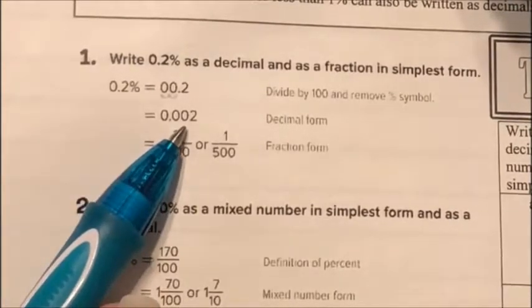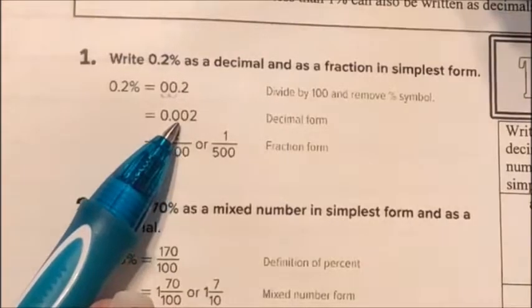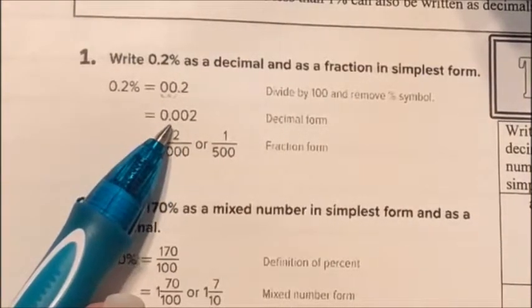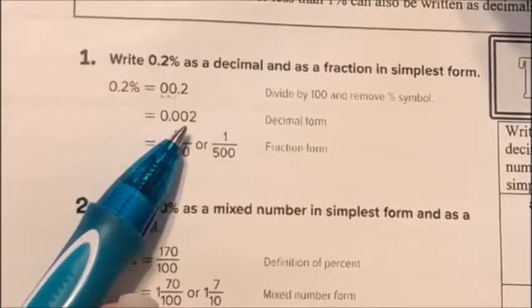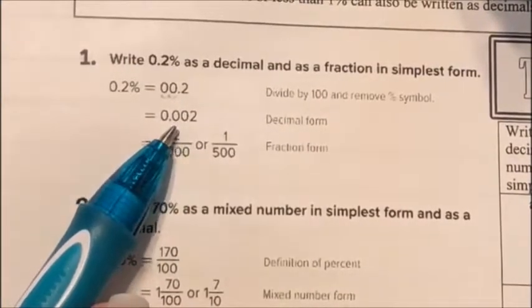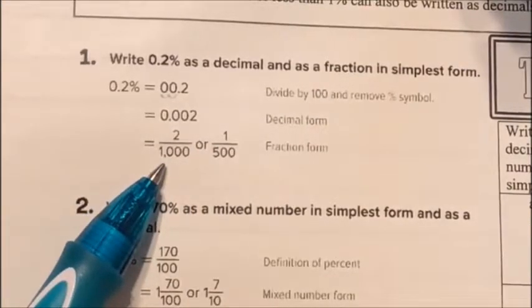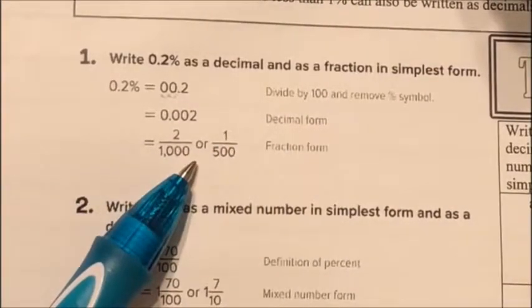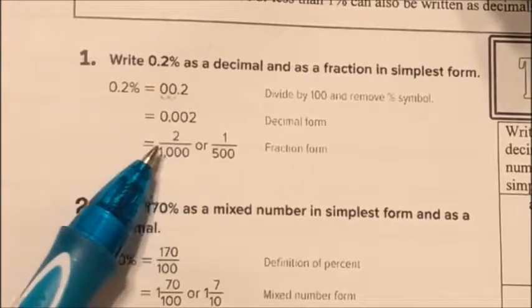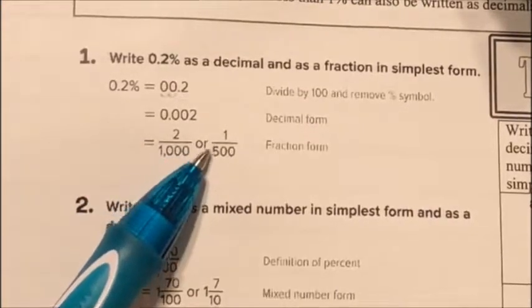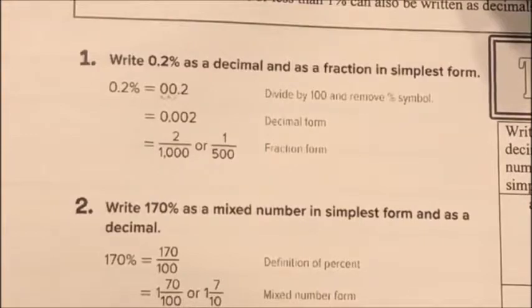So if I do that, 1, 2, I get 0.002. Well, this 2 is in the thousandths place. So I have 2 over 1,000, or I can simplify this by dividing both by 2, 1 over 500.